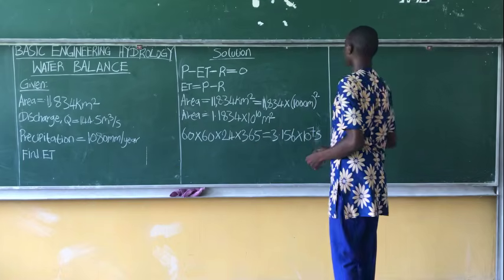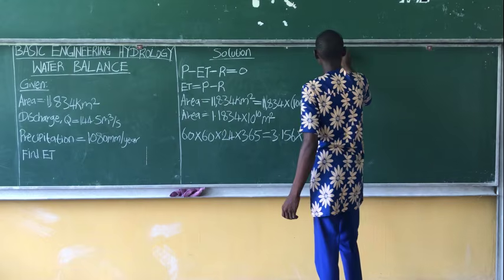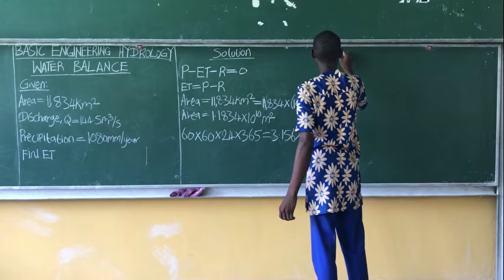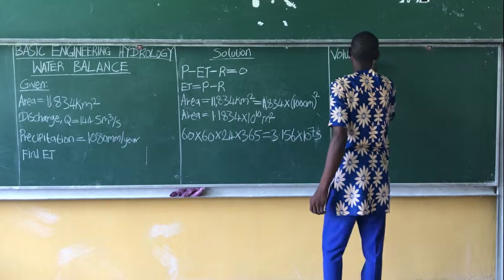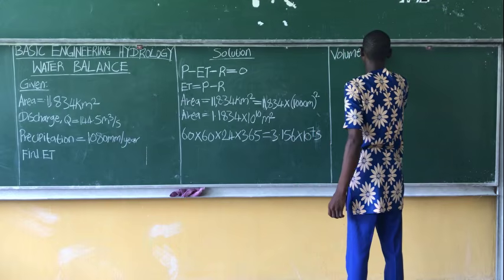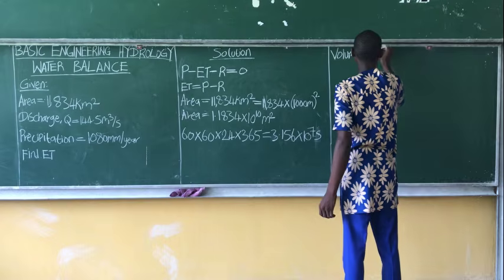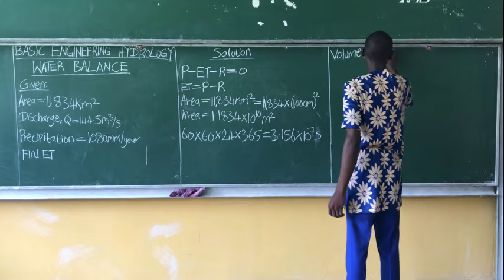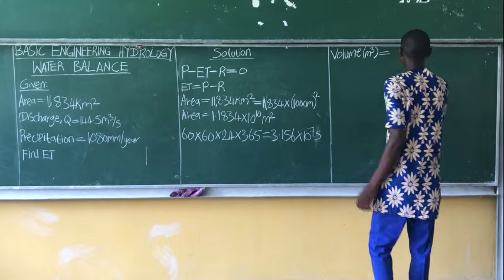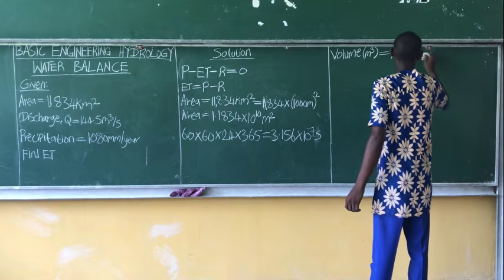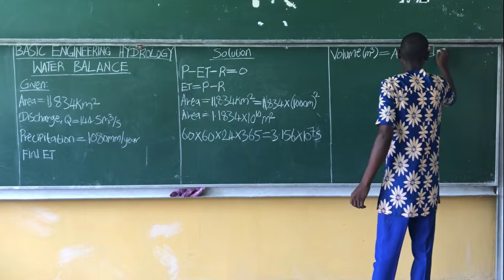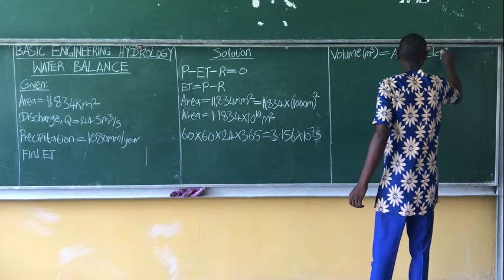Okay. So we have gotten the value of our area and the number of seconds in a year. Now we know that our volume, which is measured in meter cube, is simply equal to our area times depth.